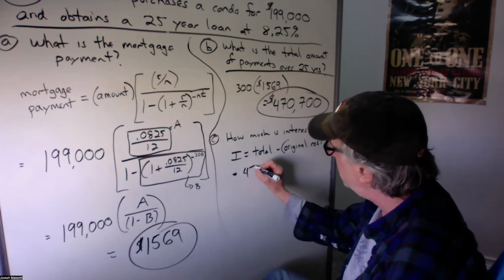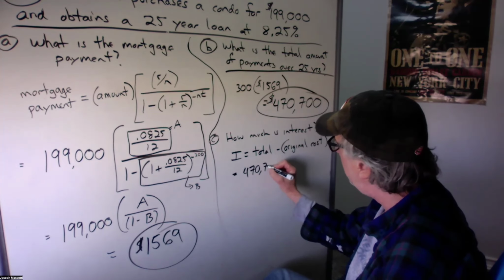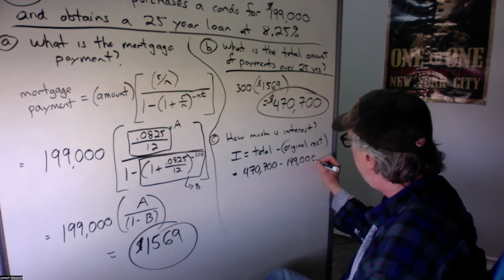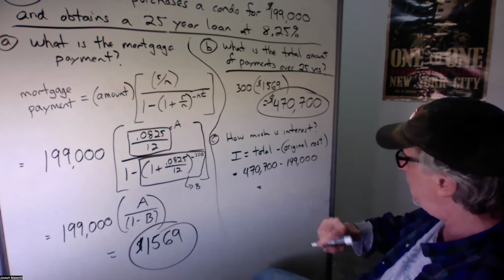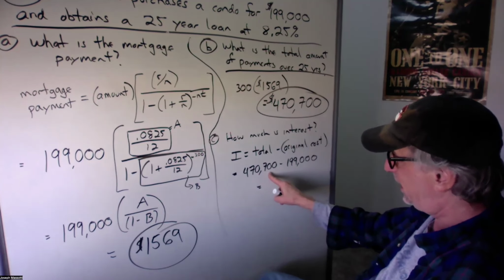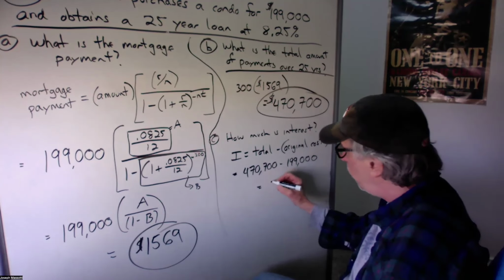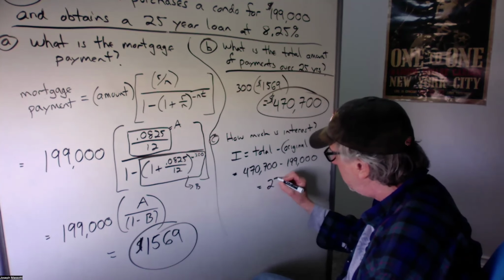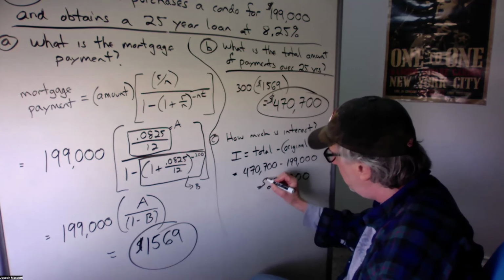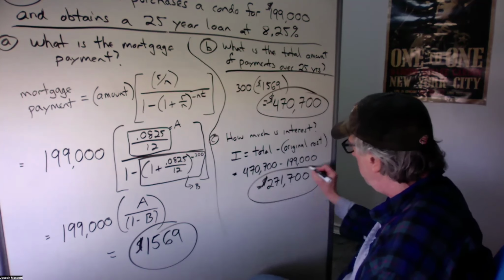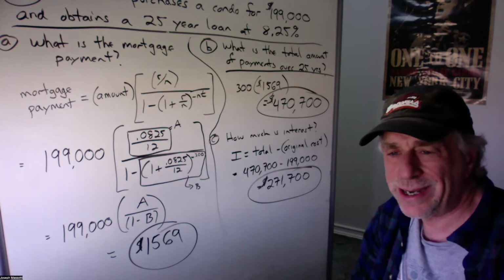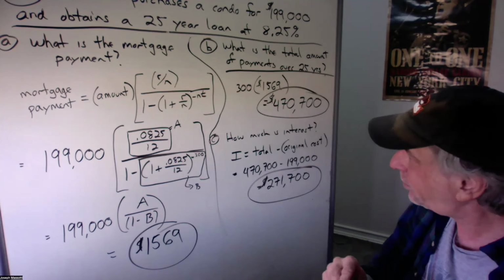So 470,700 minus 199,000. We can kind of see what that's going to be, right? If this was 200,000, it would be 270,000. So it's one more than that, for $271,700.